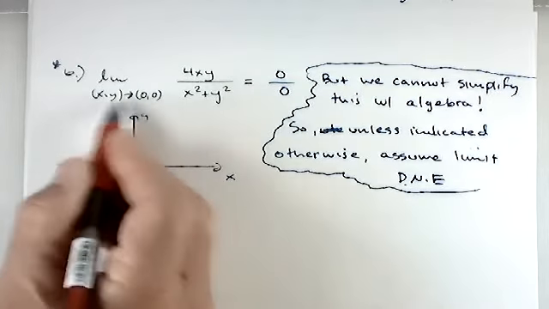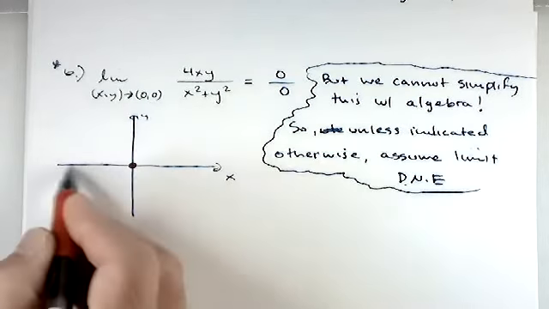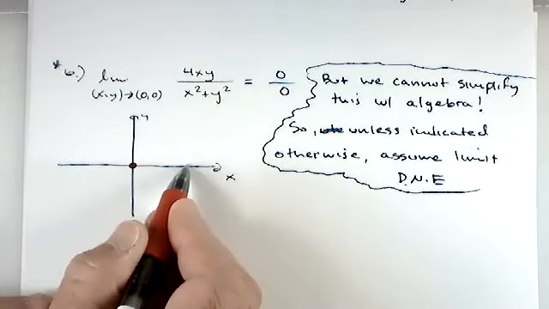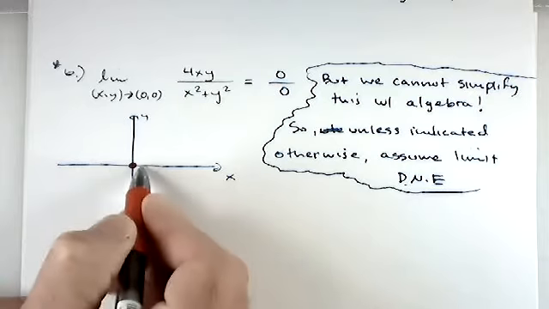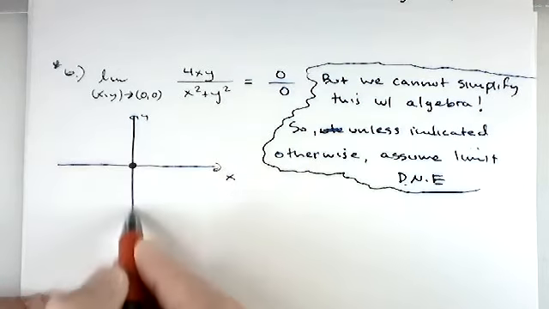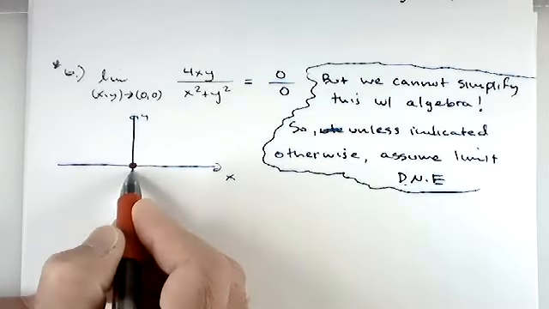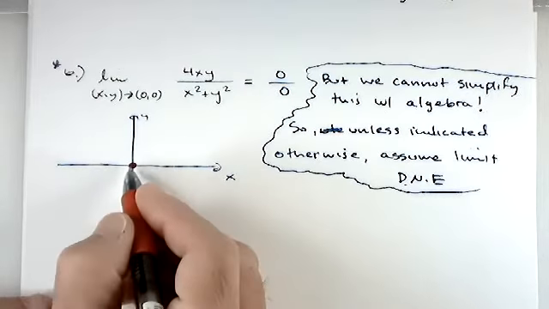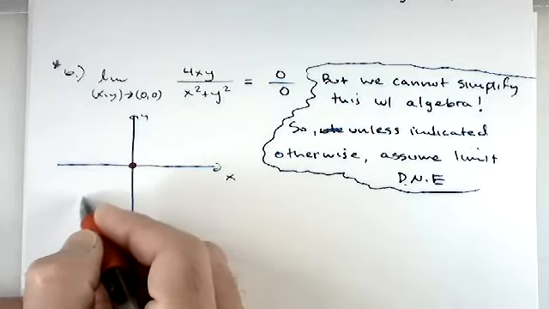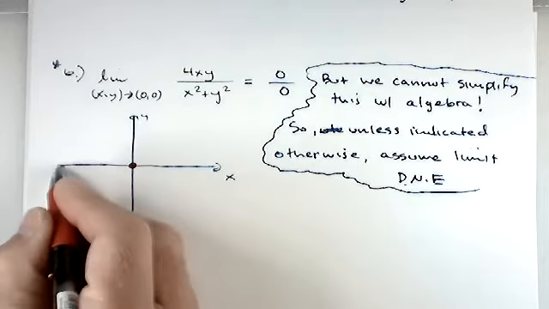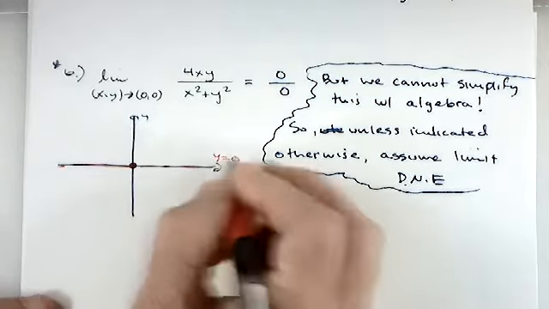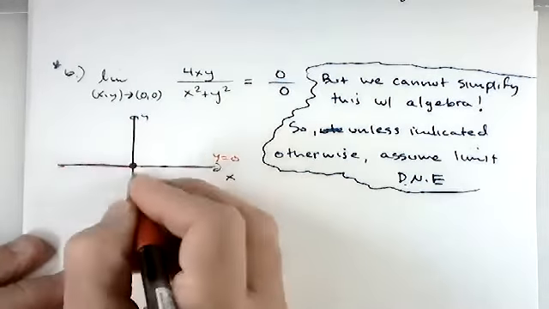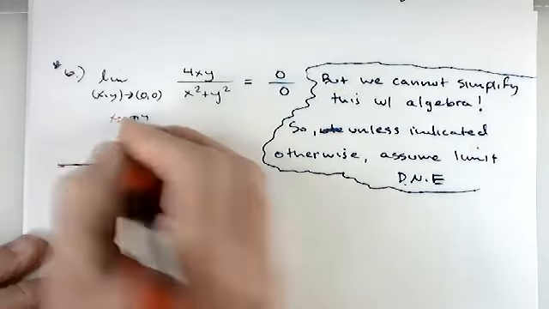But now that we get to get y involved, not only could we approach 0 from the origin along the x-axis, in other words, having x approach 0 from the left and the right, we could approach along the y-axis, right? Because y is getting close to 0 as well. In fact, we can approach along any pathway, any equation. So like right here would be the x-axis has the equation y equals 0. The y-axis has the equation x equals 0.